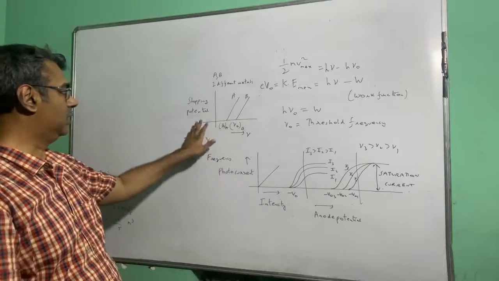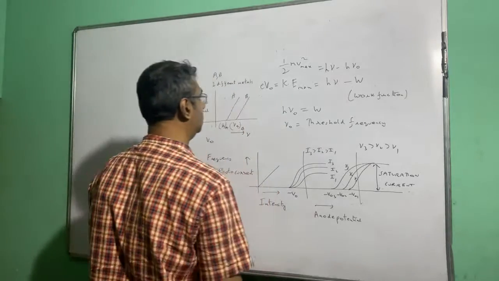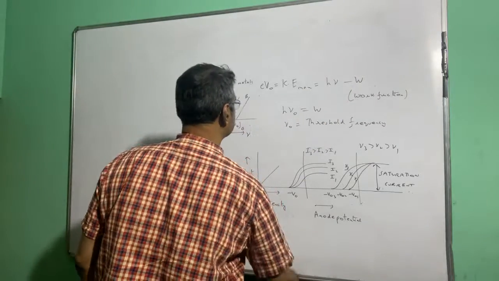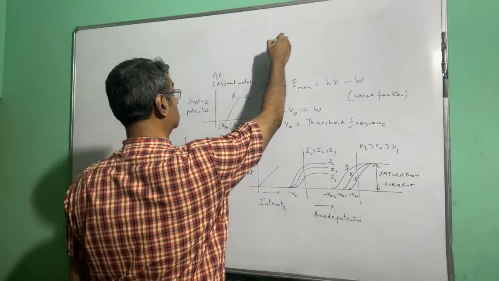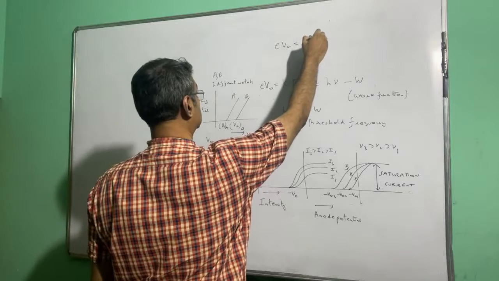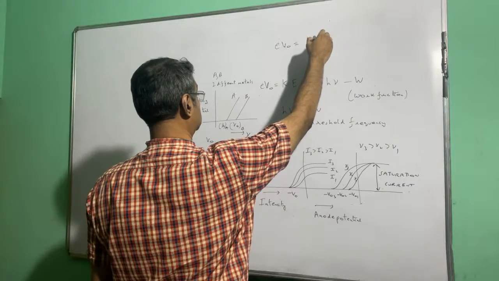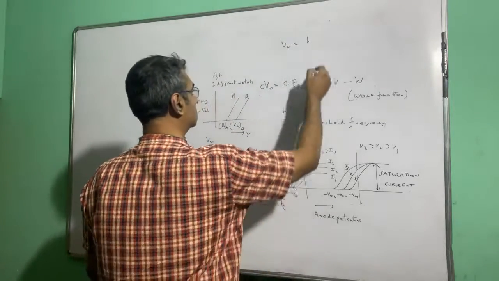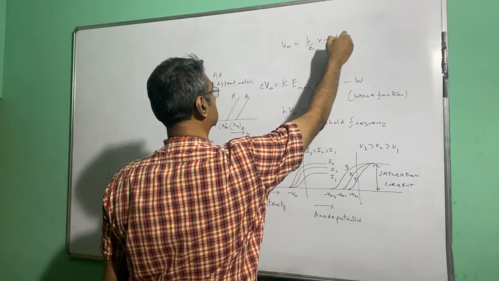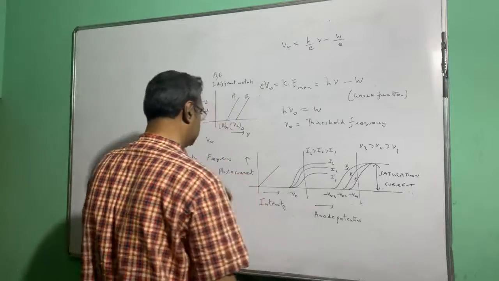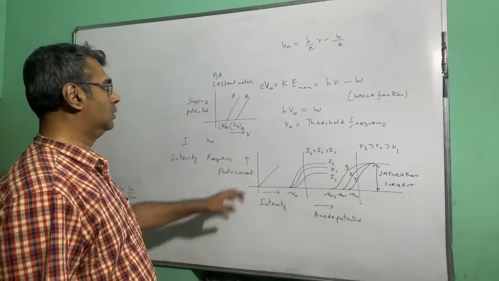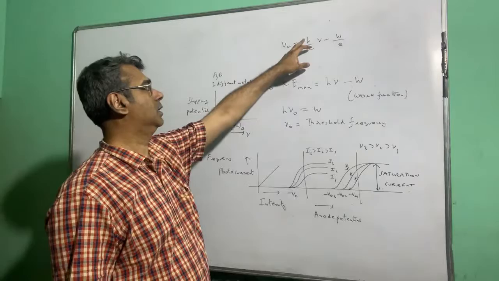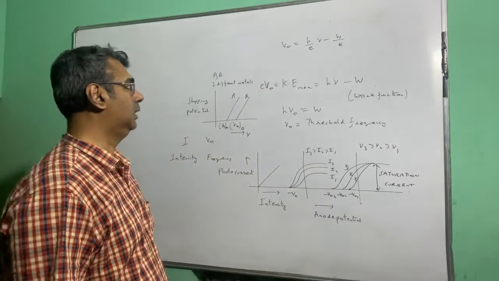Now we come to the next graph, that is stopping potential versus frequency. So V0 is h by e into frequency minus work function by e.